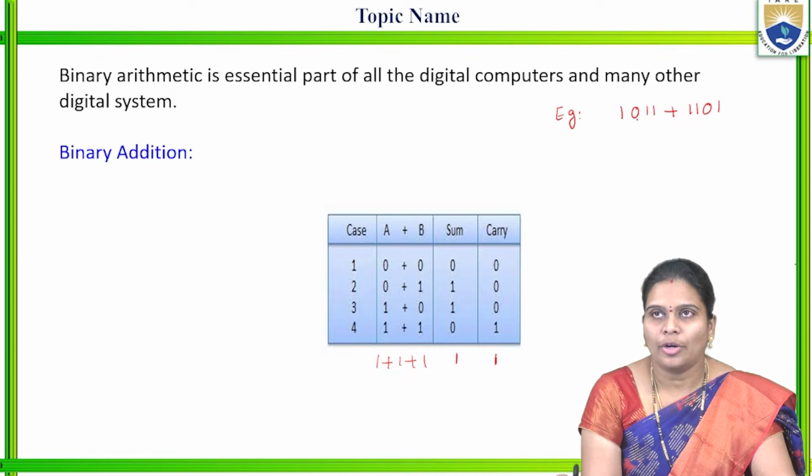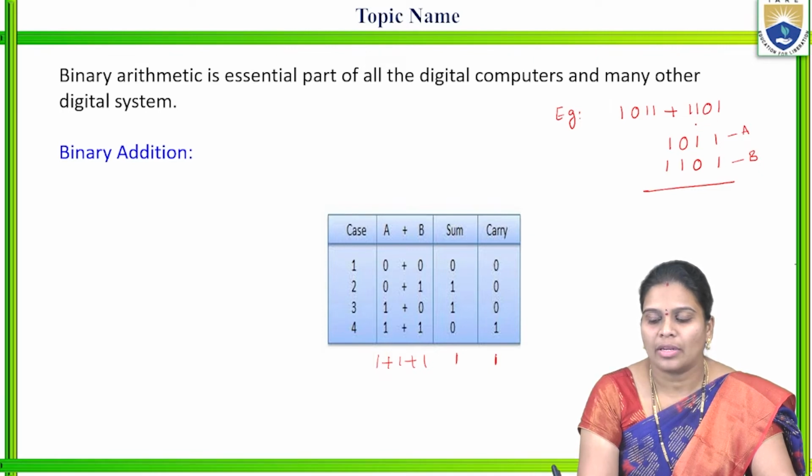Now I want to add the bits, starting with A equal to 1, the input for A, and the value for B. 1 plus 1: the carry is 1 and the sum is 0. Next, 1 plus 1 again: carry is 1, sum is 0. Next, 0 plus 0 is 0, and the carry 1 is added, giving 1.